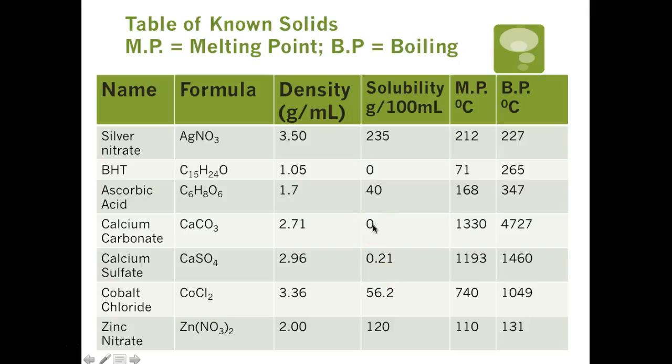So, for example, calcium carbonate is zero. So, limestone is not soluble in water. And then if you compare their melting and their boiling points, each one has a characteristic melting and boiling point. So these are some known values, and then you'll use your values to compare with these known values.